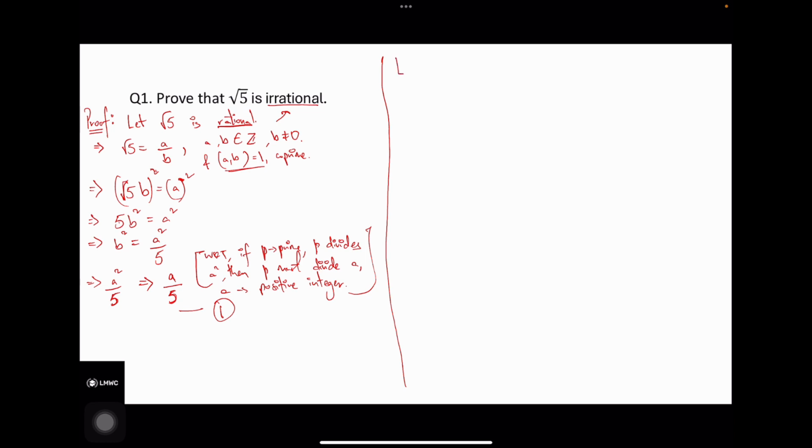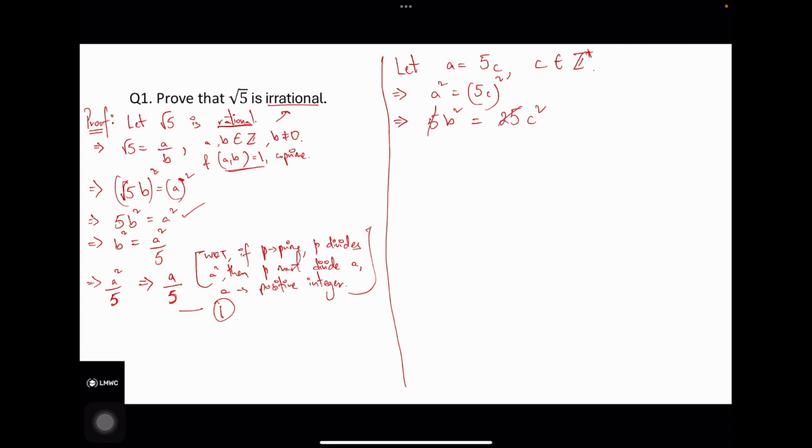For that, you have to assume a equals 5c, where c is a positive integer. Now we square both sides, so that becomes a square equals 5c whole square. So a square, we know from here, can be written as 5b square, which equals 25c square.